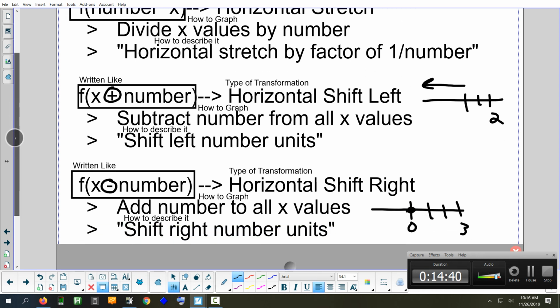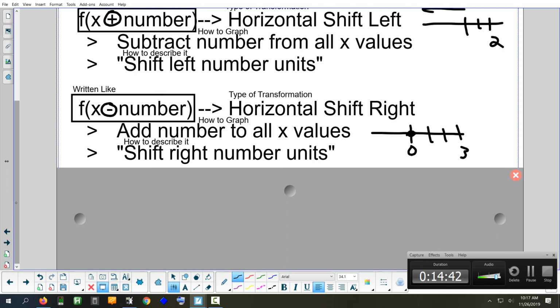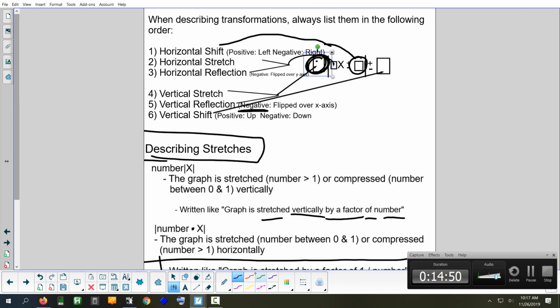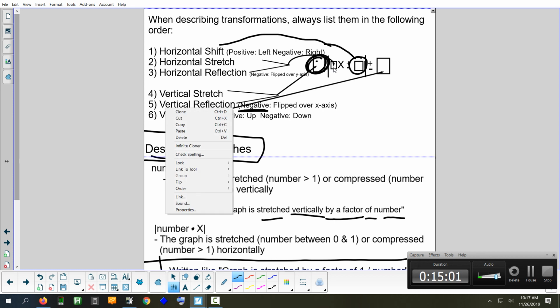So we've got the stretch, shift left, shift right. What's the last thing we can do horizontally? Reflect. We can reflect. And that's if you put a negative, let's look at our chart, a negative inside, right? Negative outside, that's a reflection, but it's vertical.